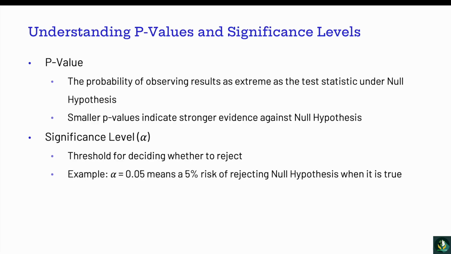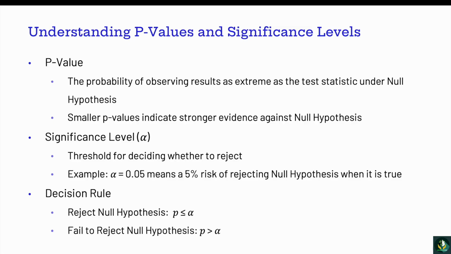An example can be alpha is 0.05, which means a 5% risk of rejecting the null hypothesis when it is true. Also, we have the decision rule: reject the null hypothesis if p is less than or equal to alpha, fail to reject the null hypothesis if p is greater than alpha.